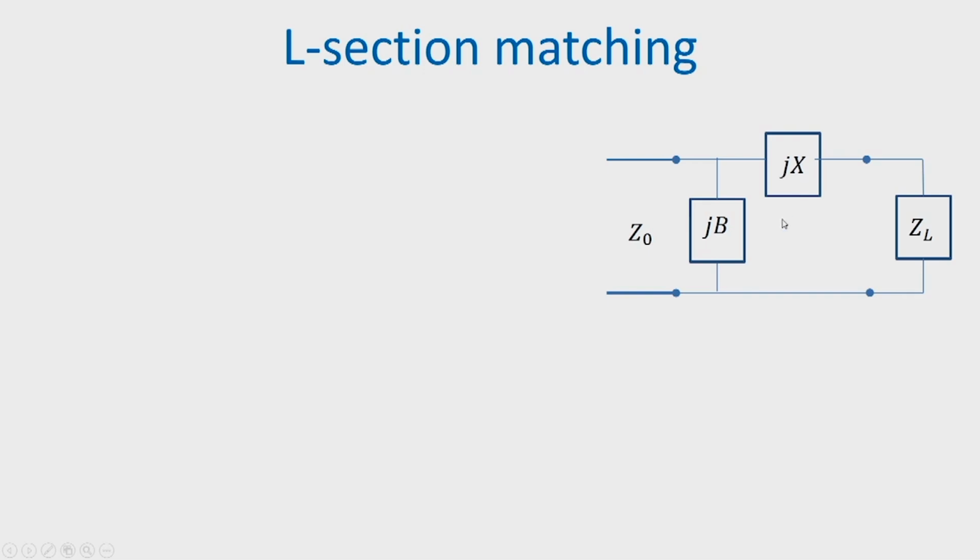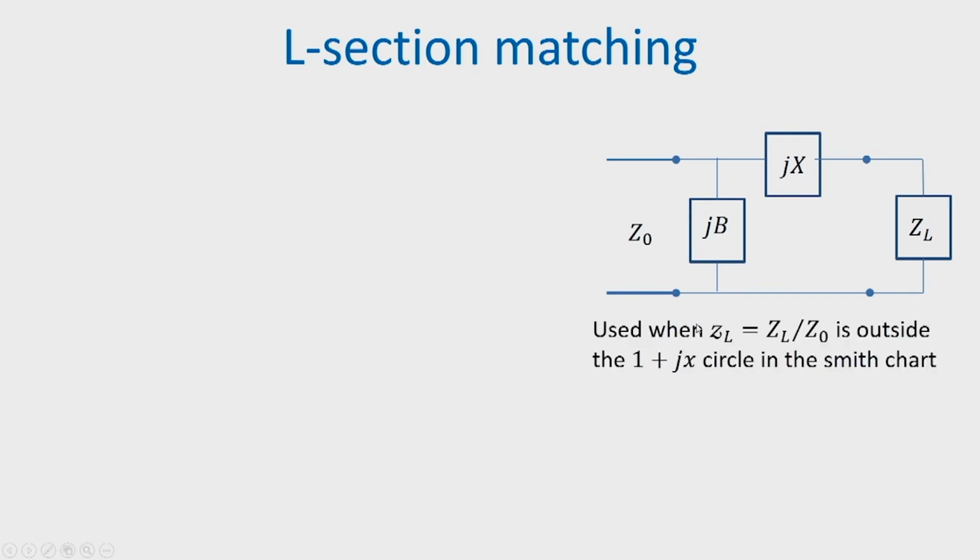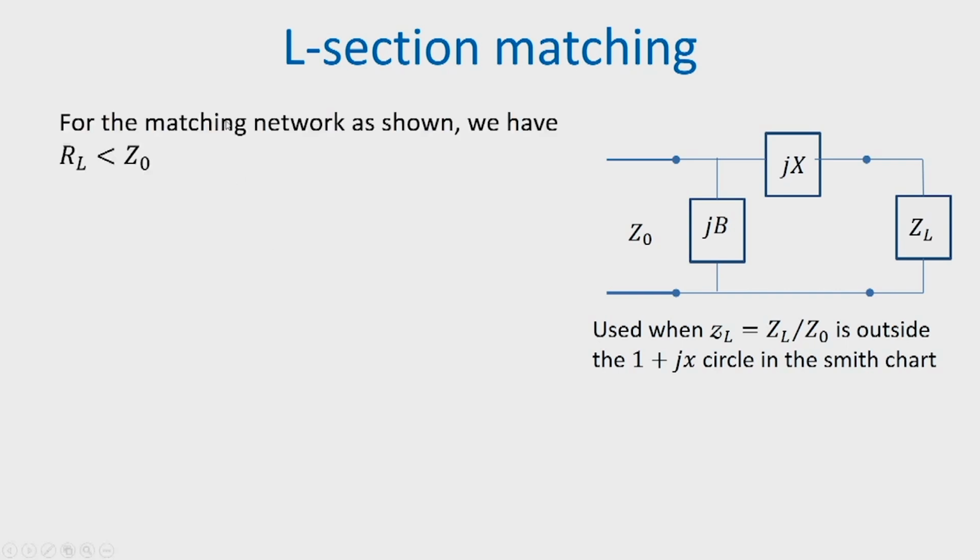We use this configuration when the normalized load impedance ZL is outside the 1 plus jx circle on the Smith chart. What does it mean? It means that the real part of ZL is less than Z0. So, this matching network shown here we will use when R L is less than Z0.